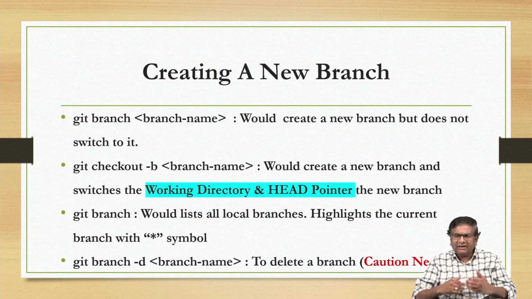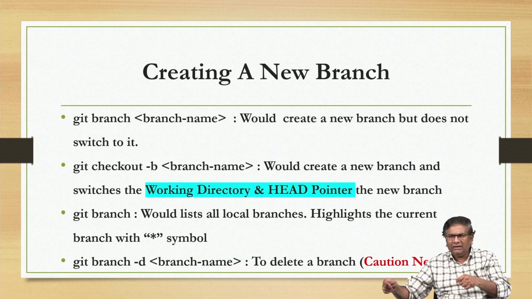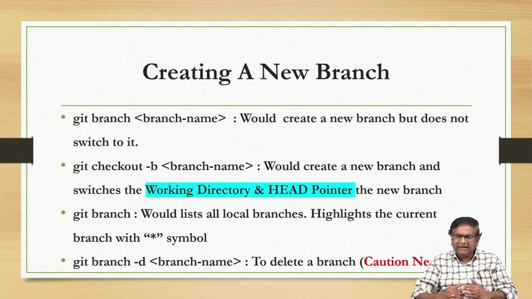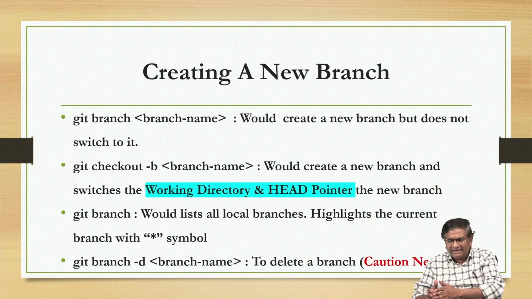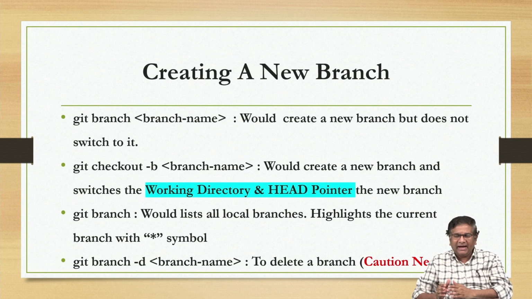Now I start working on my code. I make some changes, and Mr. X also starts making changes. Let's say we both worked on the same file, same file.txt, whatever it is. When I commit my changes locally and push them to the cloud server, they will be pushed into my branch.